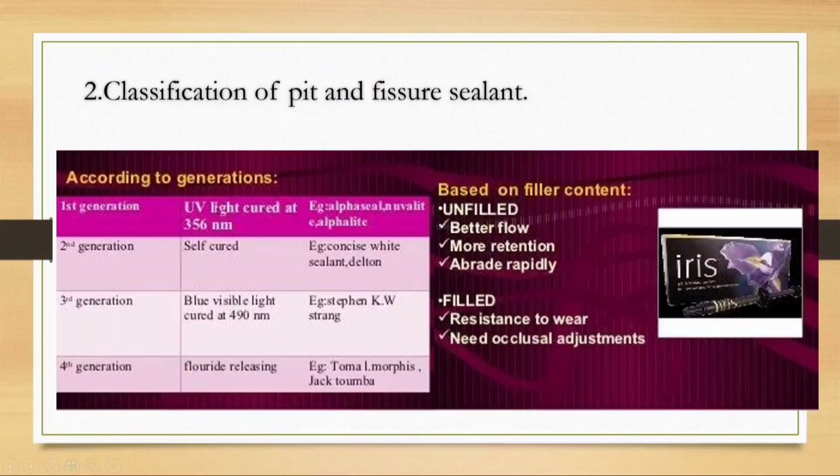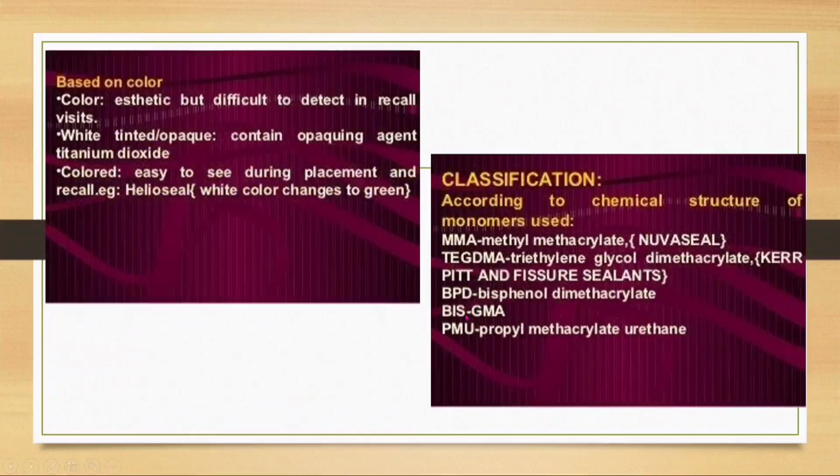The sealant classification based on generation is first, second, third and fourth. First is UV light, second is self-cure, third generation is blue light, and fourth is fluoride releasing. Then based on filler content, unfilled and filled. Then based on color, and based on chemical structure, that is MMA based, TEGDMA based, BPD, Bis-GMA and PMA.